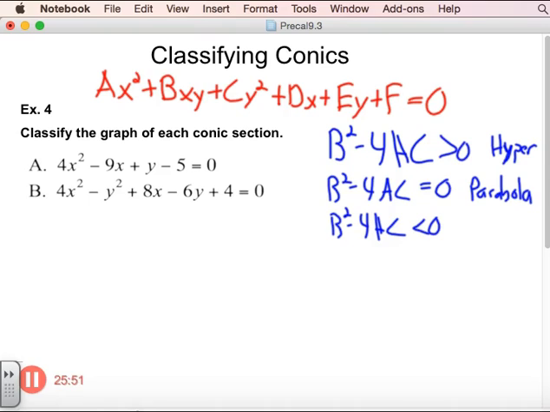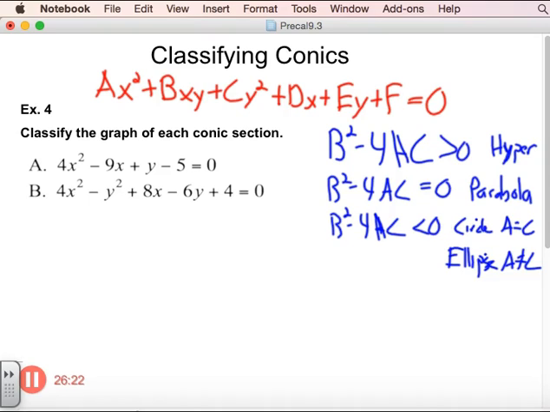So if it's negative, then it's a circle if a equals c, and it's an ellipse if a does not equal c. Okay, so that's the four possibilities that could happen. It's more than 0, it's a hyperbola. It equals 0, it's a parabola. If it's less than 0 and a and c are the same, then it's a circle. If it's less than 0 but a and c are not the same, then it's going to be an ellipse.